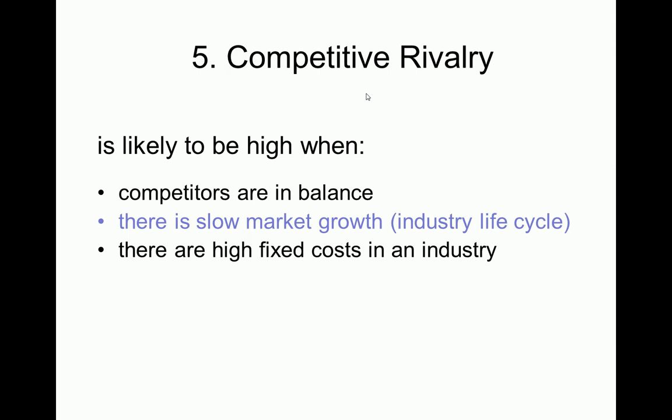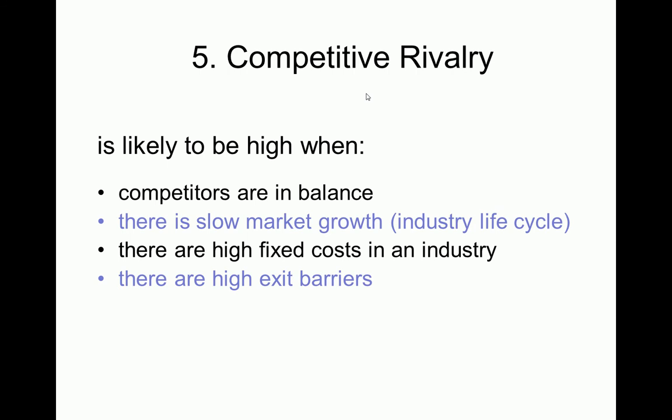They need a minimum volume in order to break even, never mind making a profit. So again, you'll see lots of price cuts. This was typical market behavior at the time of the economic crisis, 2008 and onwards, that could be seen in the car industry, where new cars were discounted and discounted and discounted because the car manufacturers have high fixed costs. They've got to sell a certain volume of product in order to just survive.